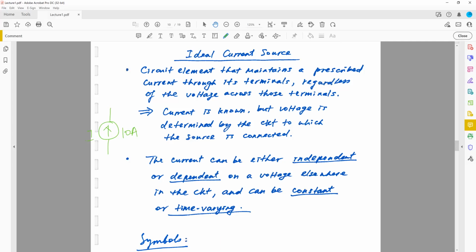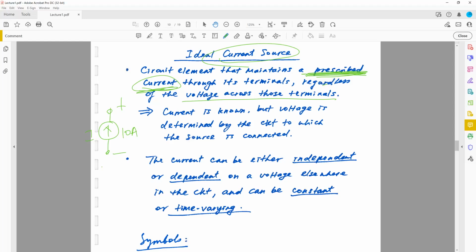So an ideal current source is a circuit element that maintains, again, the prescribed, something that you specify, prescribed current, not voltage, because we are talking about a current source. So prescribed current through its terminals, regardless of the voltage across these terminals. So I have these two terminals, and regardless of what I have across these two terminals, it can be either very large or very small.